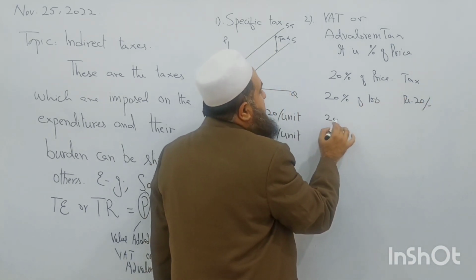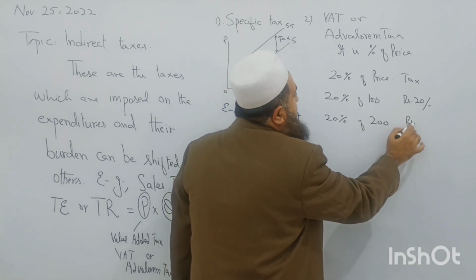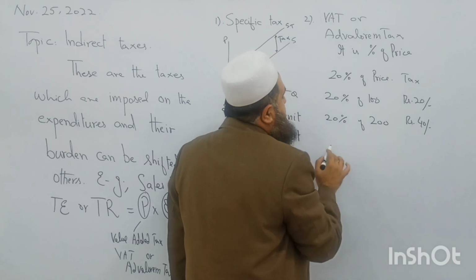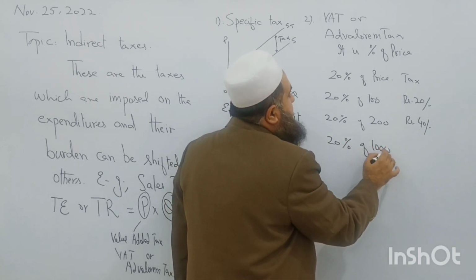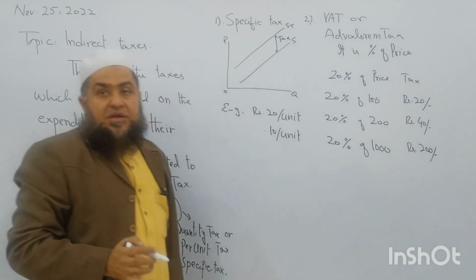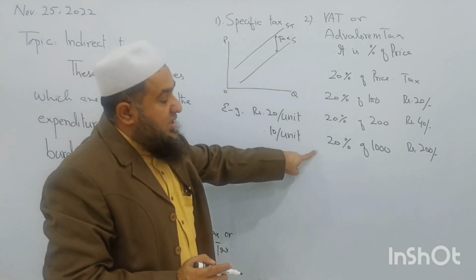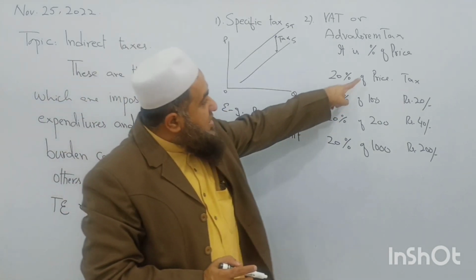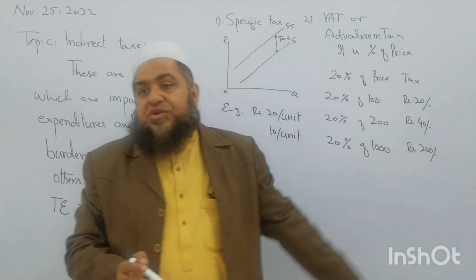Alright. When price is 200 rupees, what is the amount of tax? 40 rupees. When price is 1000 rupees, the tax will be 200. Did you follow? The rate of tax remains same. As price is increasing, the amount of tax will also increase.